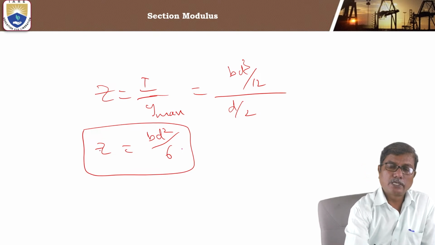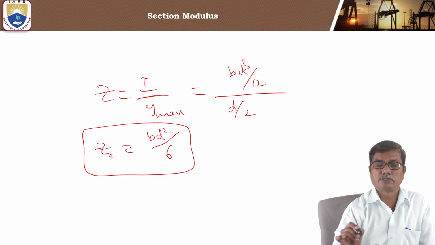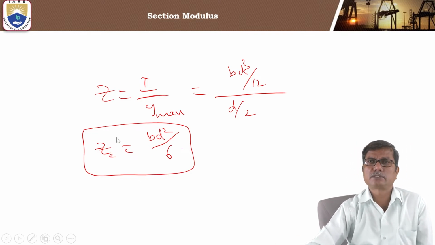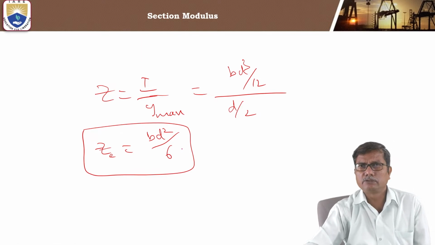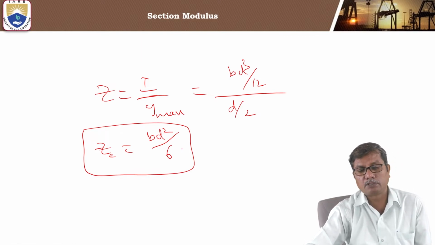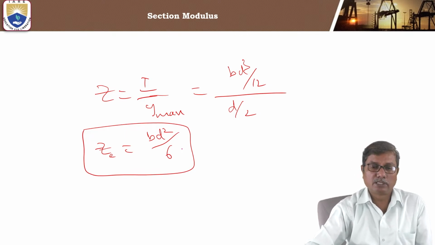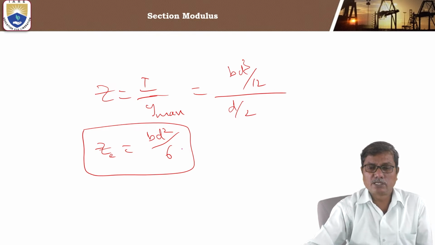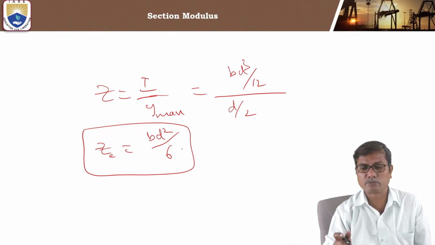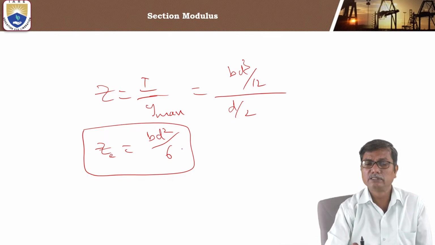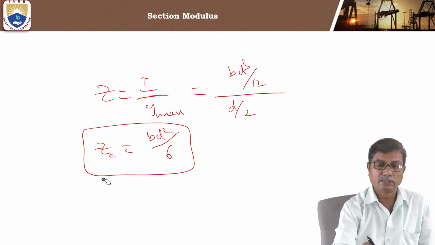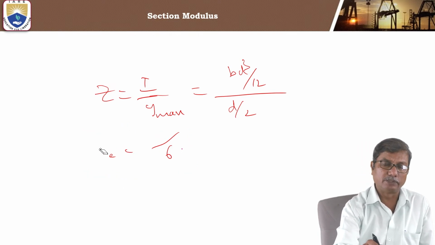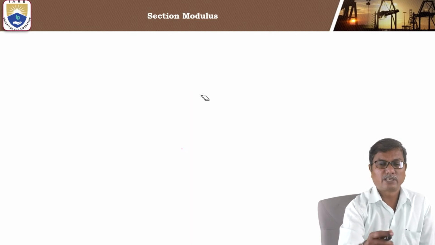This is also called the elastic section modulus. You will come to know this when you learn about plastic modulus, and you will understand the difference between elastic and plastic moduli. For now, we call it section modulus. Actually, it is the elastic section modulus because the stresses are within elastic limits.